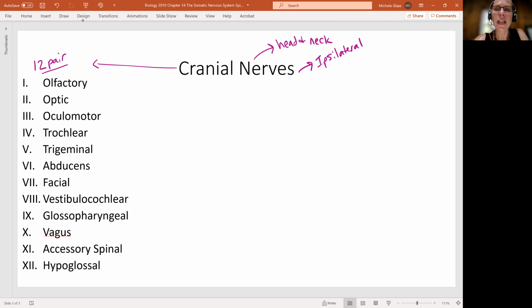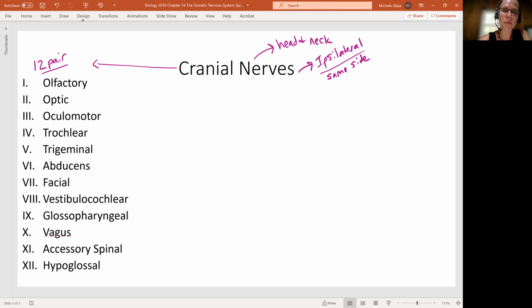Remember, we talked about the spinal nerves as being contralateral, meaning cross body. Ipsilateral would be same side. So here we'll see the right side of the face and neck is being controlled by the right hemisphere, the right brain there.